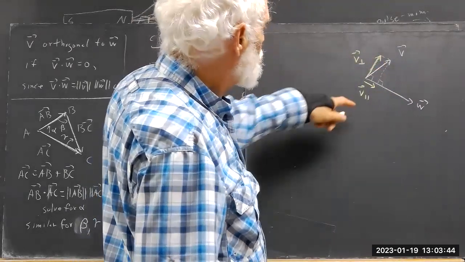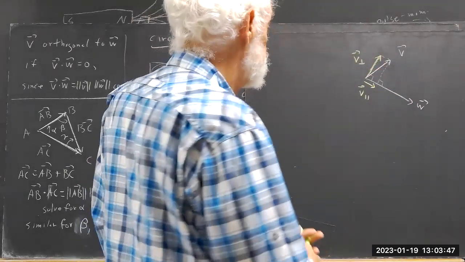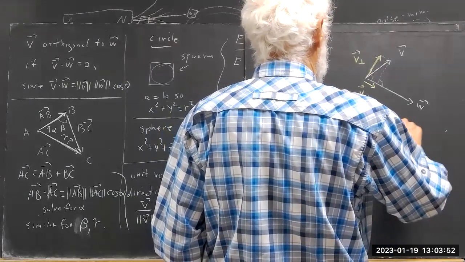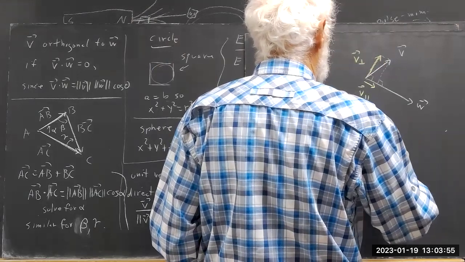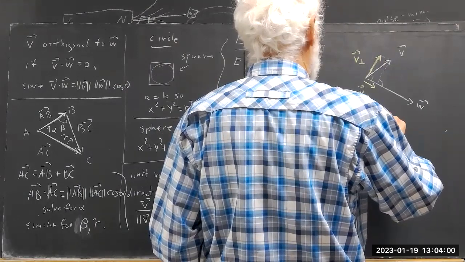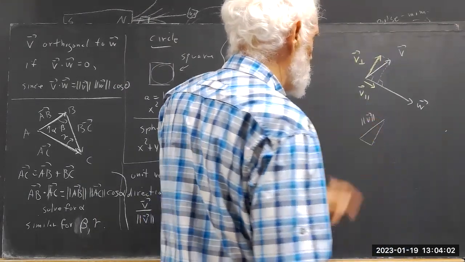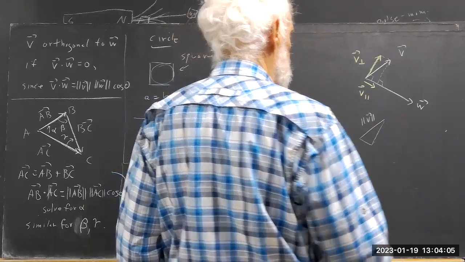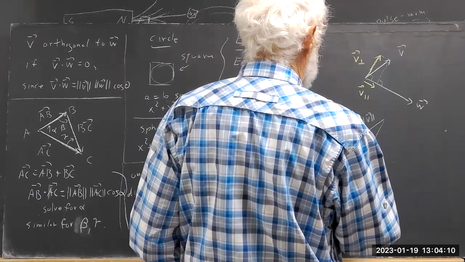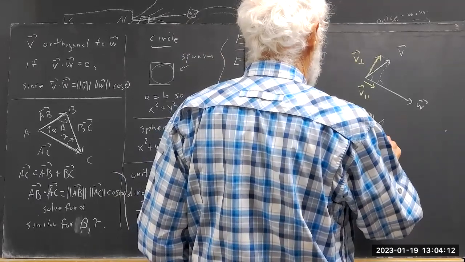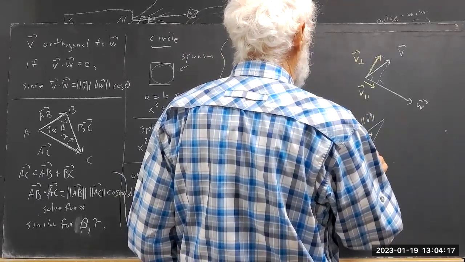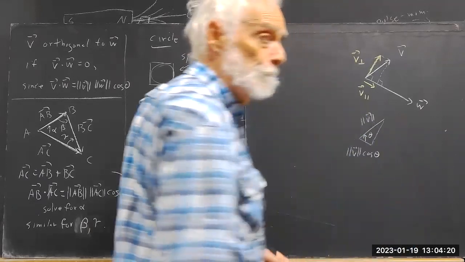Okay. How do you calculate B parallel? If I take this triangle here, this side has magnitude B. This side has this angle theta, has magnitude equal to the magnitude of B times the cosine of theta, doesn't it?